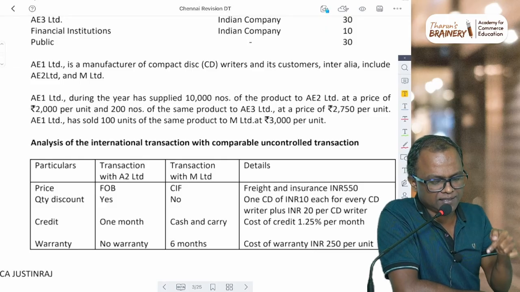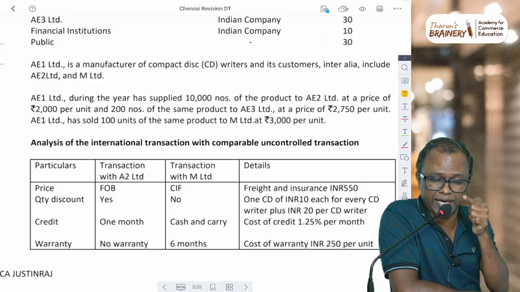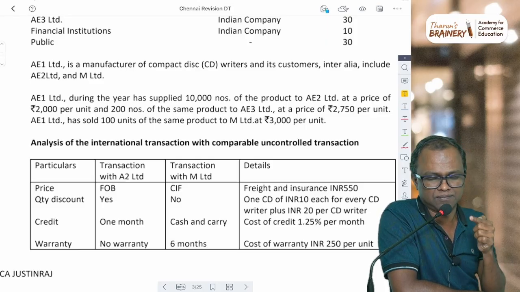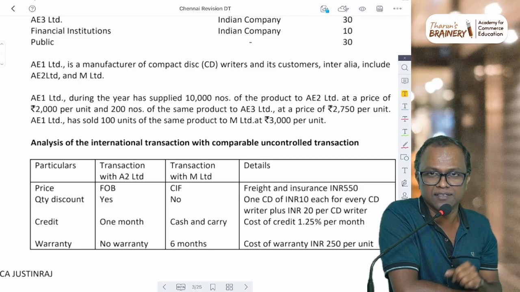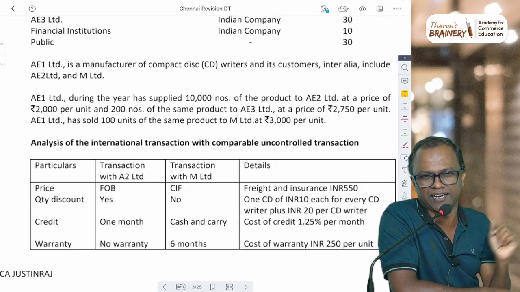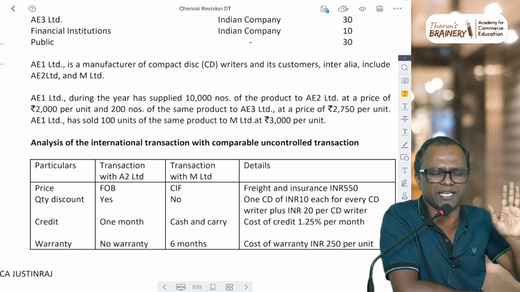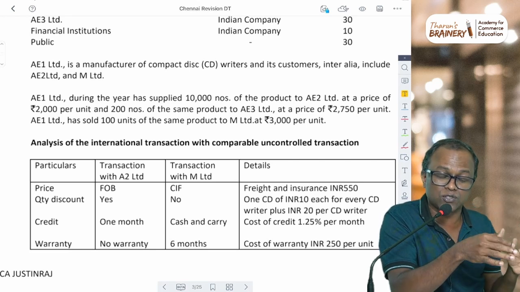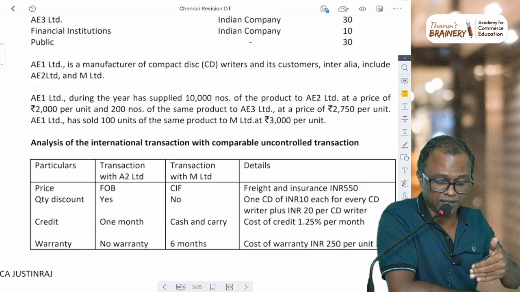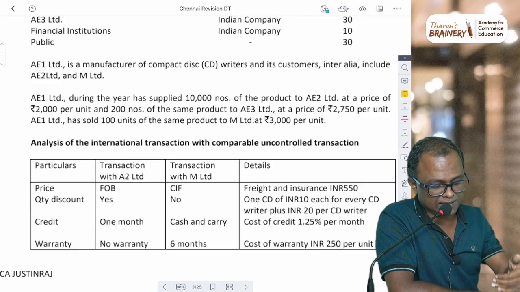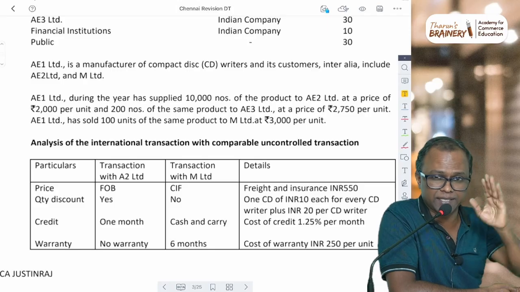So as credit is given in the transaction with AE2 Limited, the related party price is higher. But to the unrelated party we are not giving credit, because as soon as the transaction is carried out they pay immediately, so the price will be lower. Unrelated party's price is lower, but related party's price is high. To make it the same level, we have to add the cost of credit.